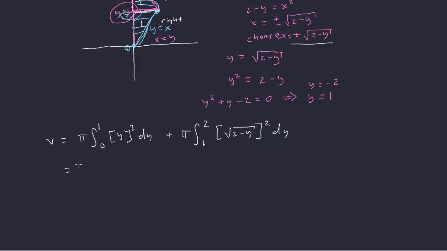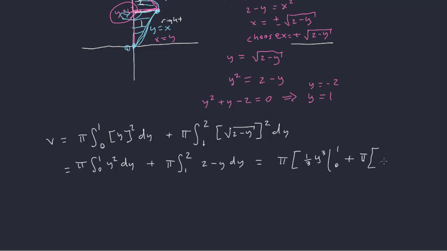Okay. So we'll get pi times, this will just be the integral of y squared. Then I'll get pi times the integral from 1 to 2. And here, that actually does simplify nicely as just the integral of 2 minus y dy. And now I can just start integrating. So I have pi times here, it will be 1/3 y cubed between 0 and 1.